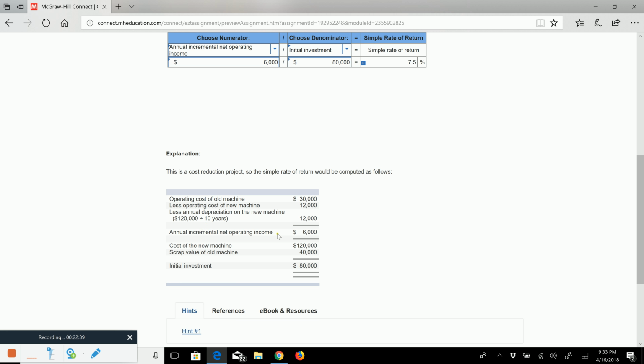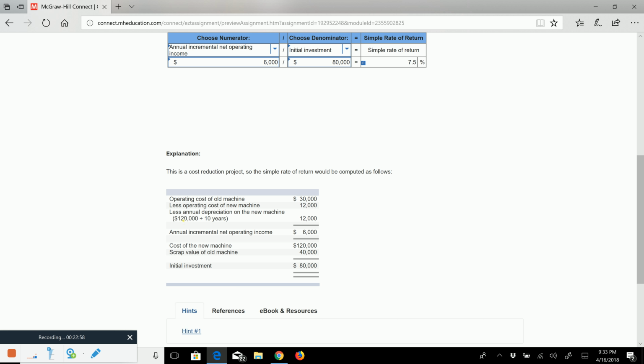So let's figure out the incremental net operating income. Now, the old machine cost us $30,000 a year to operate. The new machine is going to cost us $12,000 a year to operate. That's an additional $18,000. All right, but there's one more thing.